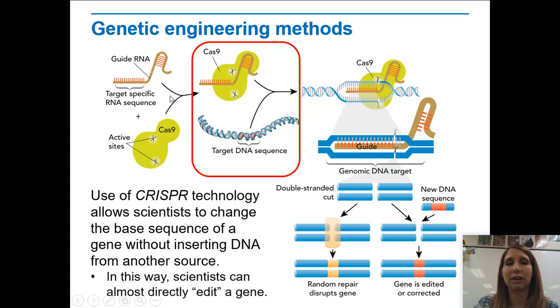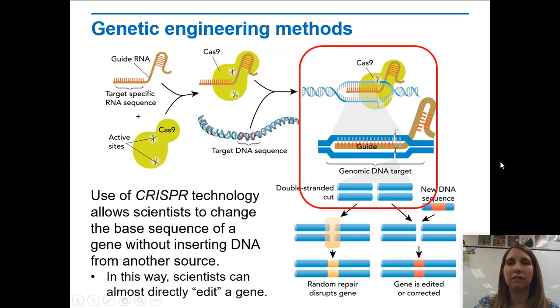This target RNA sequence is something that a scientist would identify and create in a lab, and then combine with Cas9 along with their DNA of interest. That would allow Cas9 to come in and bind to and start interacting with that target DNA here. It's going to cut that DNA based on this target RNA sequence, so at a specific position.